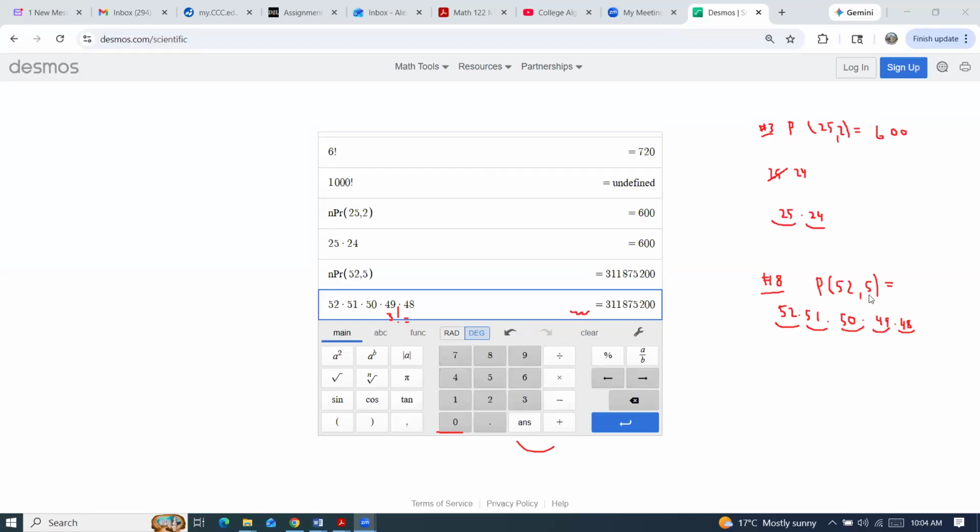So 5, selecting 5, well, very possible to do. But if they ask you to select 50, well, you'll need to multiply 50 numbers down, and that's definitely not something that you want to proceed with. But if you put this in the calculator, it will take you no time.